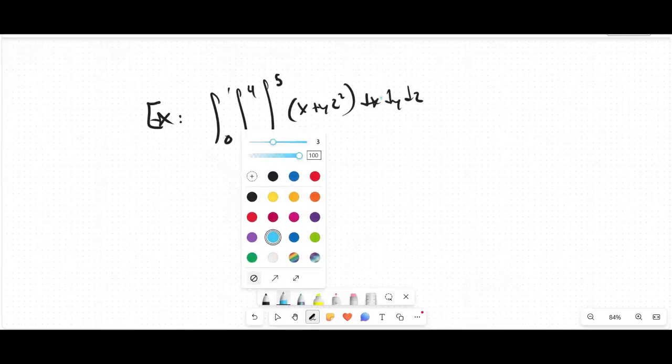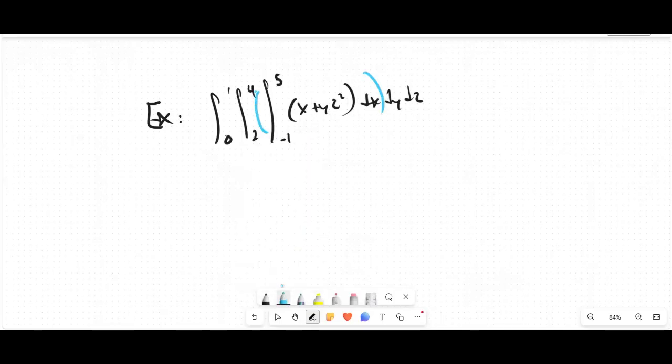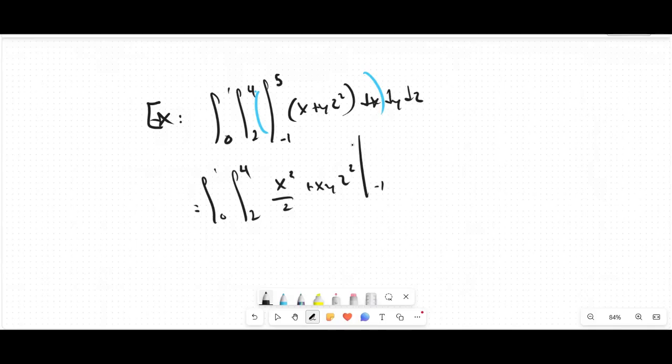Just like with double integrals, first I do the innermost one, and this is with respect to x. Okay, there you go.